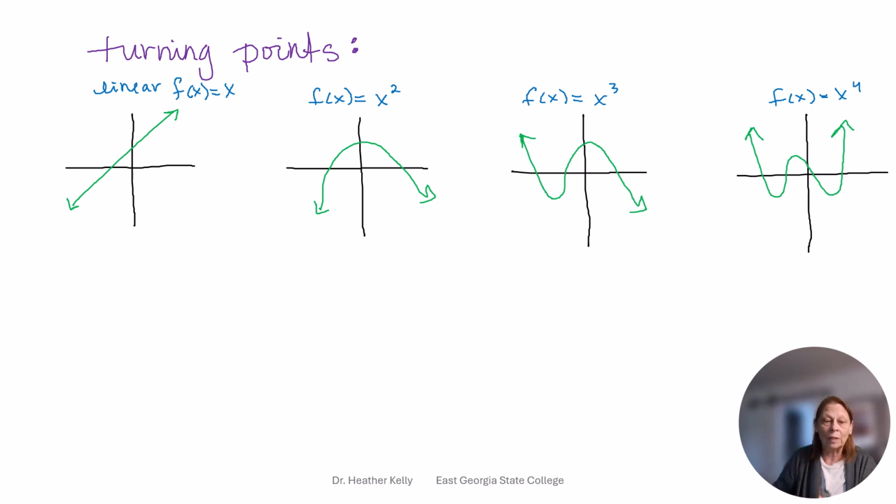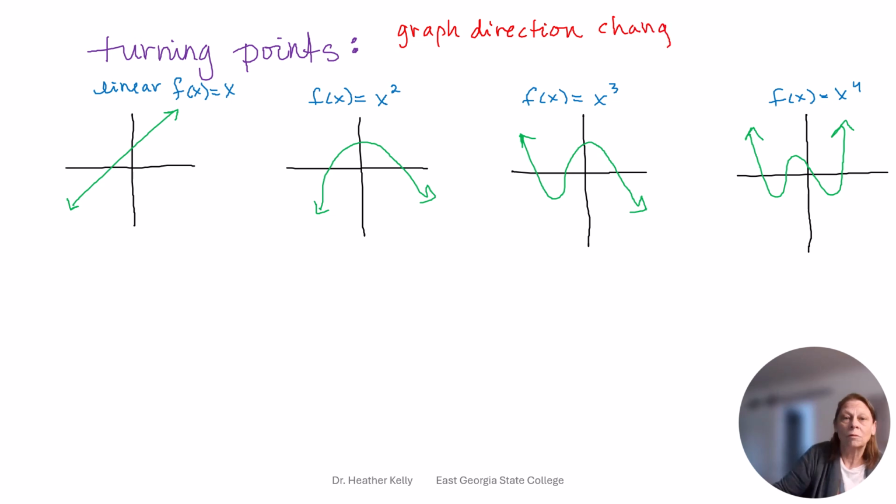Now, I drew these so that we could take a look at turning points. A turning point happens when the graph's direction changes, so basically from going up to down, or down to up: increasing to decreasing, decreasing to increasing.